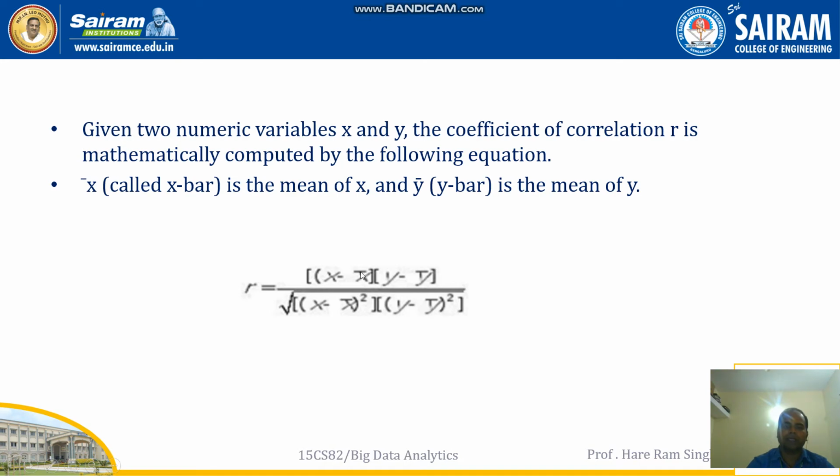Here x bar is the mean value, the average value of all the x variables, and y bar is the mean value of all the y variables. So using this formula we find the coefficient of correlation, that is r.